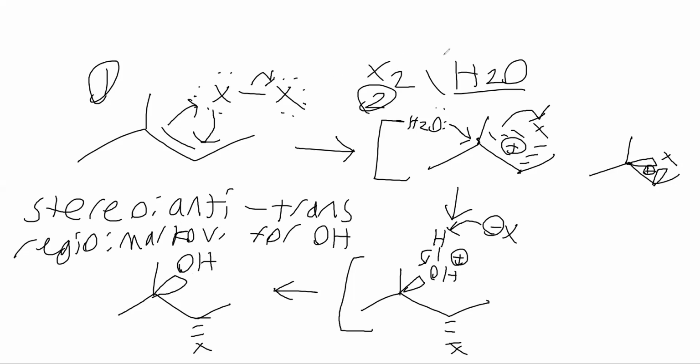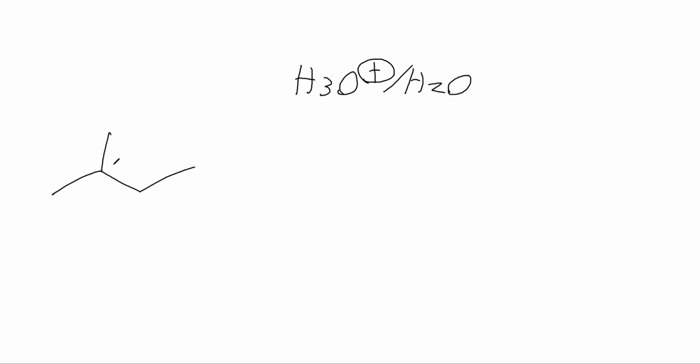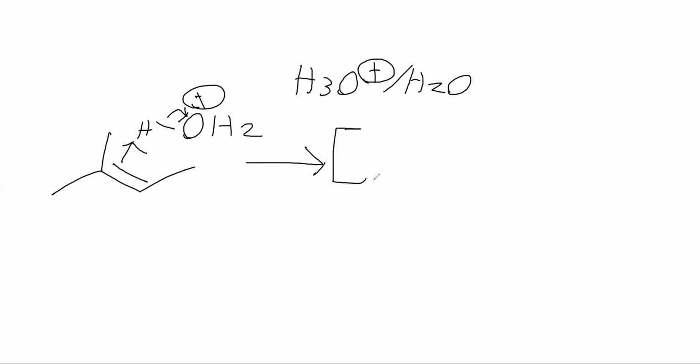And then there is one last mechanism that you're expected to know, and that is the addition of acid and water to a double bond. So the first step, the acid comes in and just gives hydrogen to the double bond, which is very similar to the addition of HX. That hydrogen went here, you form this positive charge.